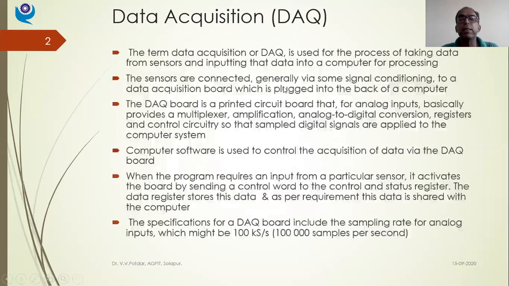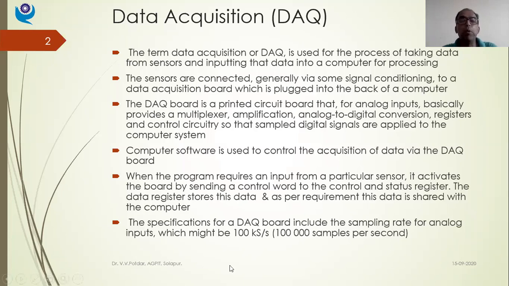So the sensors are connected generally via some signal conditioning devices to a data acquisition board which is plugged into the back of the computer. As I said, on the motherboard of the computer, we have this data input slot. In that slot, this DAQ card is just inserted, and thereafter that data is taken for further processing.